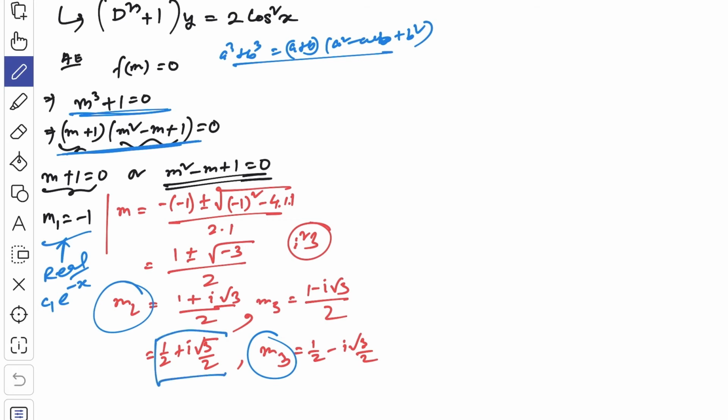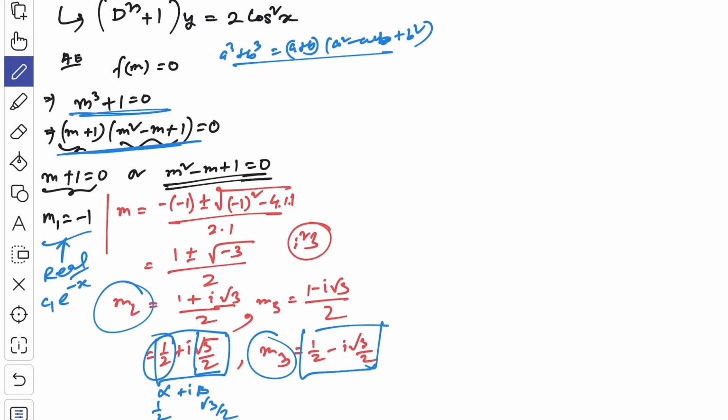And these two are complex conjugate roots. If you compare with alpha plus i beta, here alpha is 1 by 2 and beta is root 3 by 2. Alpha is half and root 3 by 2 is beta.